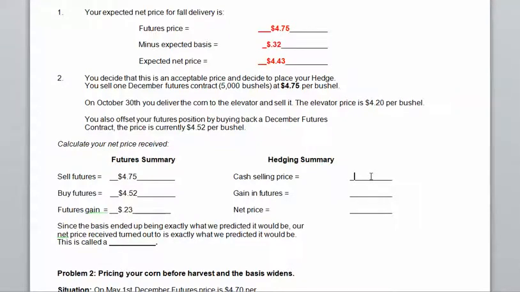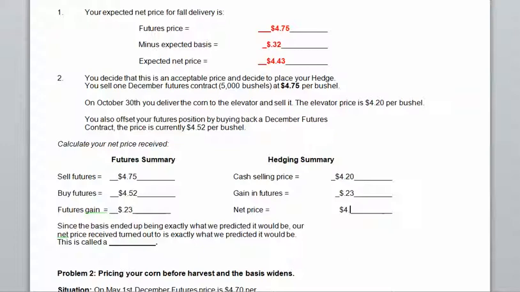Our cash selling price, at the exact same time that we undid our futures transaction, was the $4.20 a bushel. We found right here. The gain in the futures we just determined was 23 cents. We made 23 cents via our futures transaction.